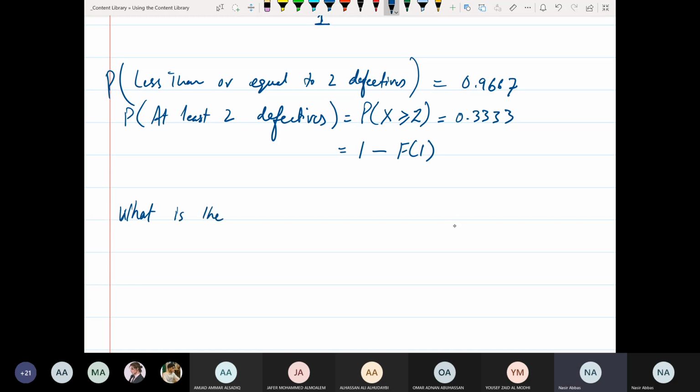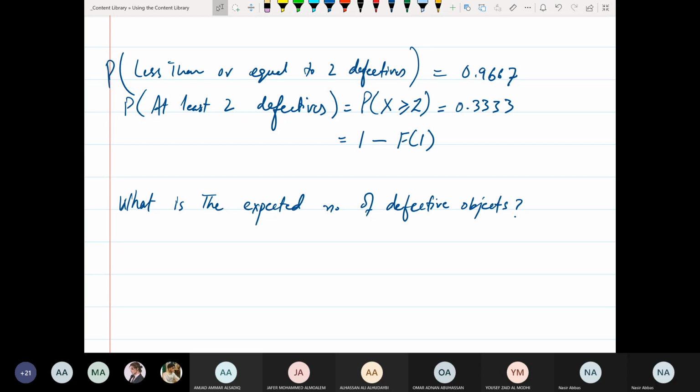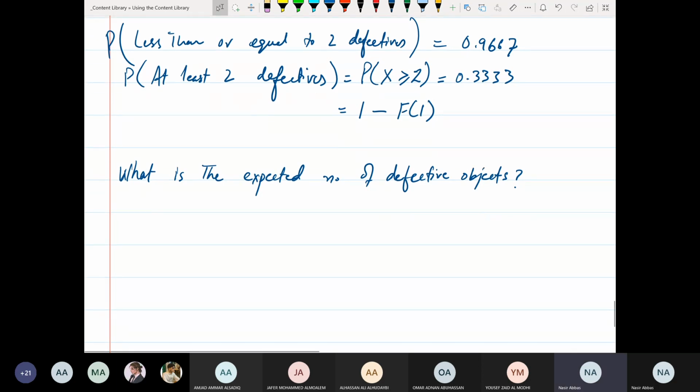What is the expected number of defective items? What am I asking in the question? The average. I'm asking for expected value of x or mu of x.